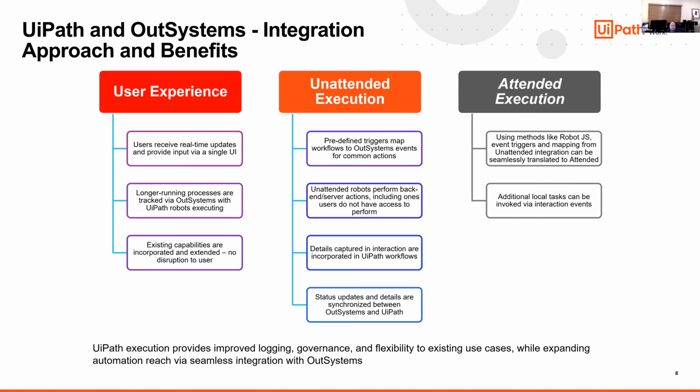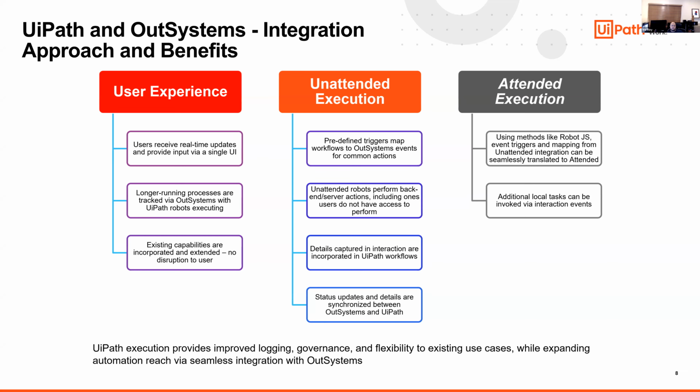And those unattended robots can perform a lot of back-end actions, including ones that the user may not have access to perform. So an external user may ask for something, the robot can help verify, the robot can then, let's say, do something like a password reset or pull information from a database that the user doesn't have access to, and that information can then be distilled and sent back to the user however your workflow needs.